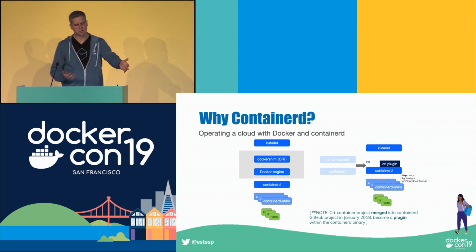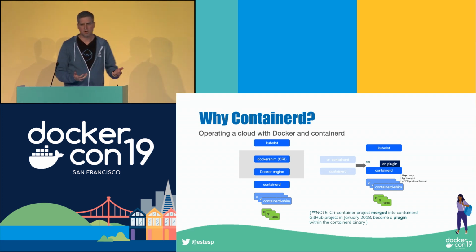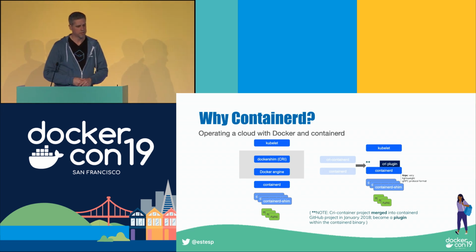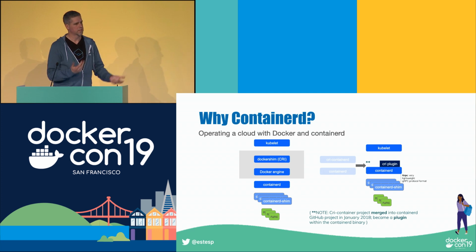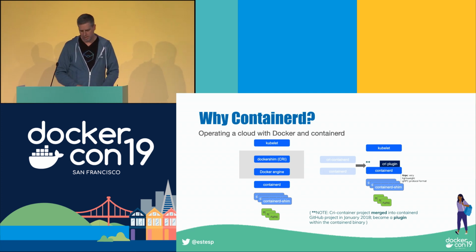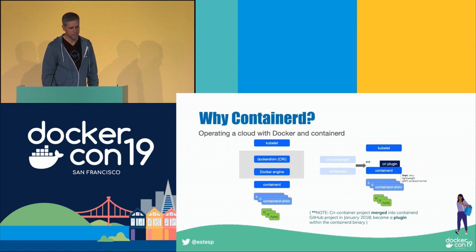And so this is really just a different variant of a picture that Lantao has already showed you. Moving to Containerd, where you have the CRI plugin built in, not having the Docker Shim, not having the Docker engine, simplified that architecture, less memory use, less CPU overhead, and so effectively that was a valuable move for us operationally.